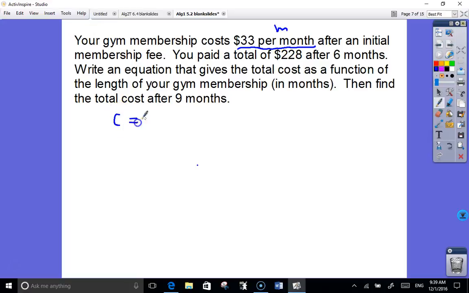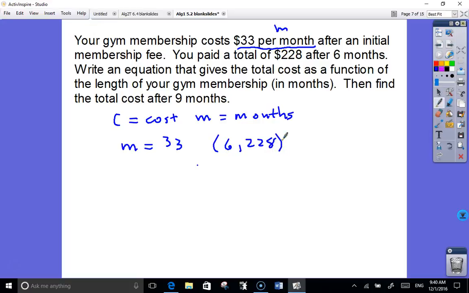If I use c for cost, m for the number of months, that means I have these two values. I know that the m is going to be 33. And the one point that I know is, sorry, that was wrong, that after 6 months, it costs 228.